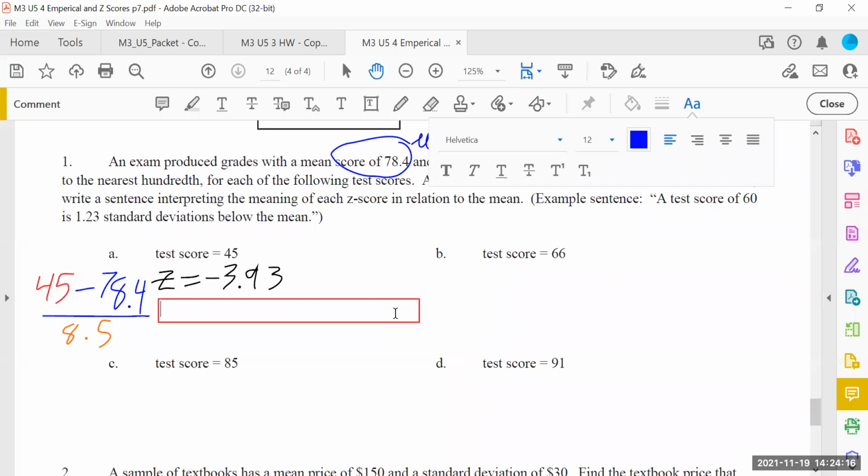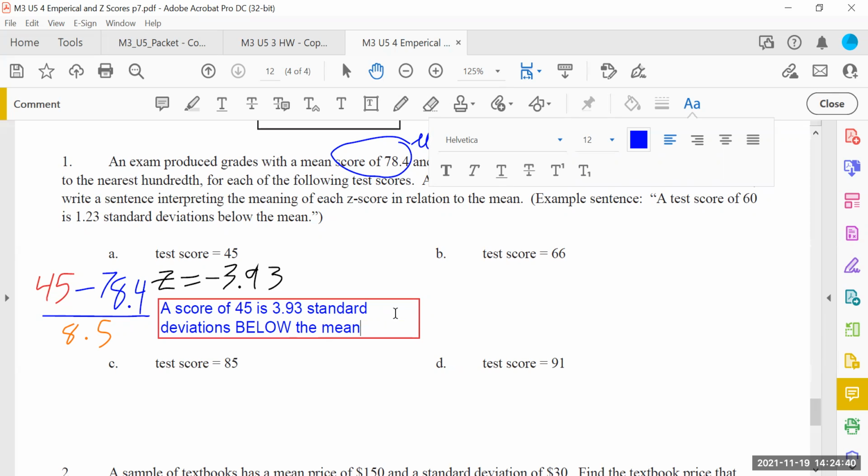So the stock phrase, when we describe this, we're going to say a score of 45 is 3.93 standard deviations below the average, or below the mean. Why is it below? Because it was negative.